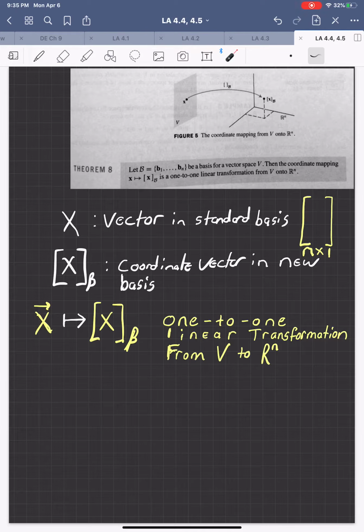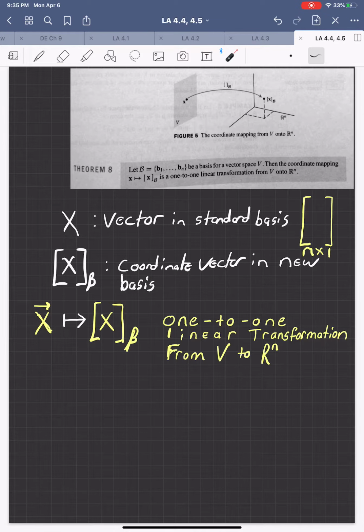Now, once you have a different basis and you still want to be able to plot the same points, you have to impose a coordinate system, and then you plot within your new coordinate system. But this notation here is telling you that the coordinate vector is the same location, but it is the coordinate vector in the new basis.